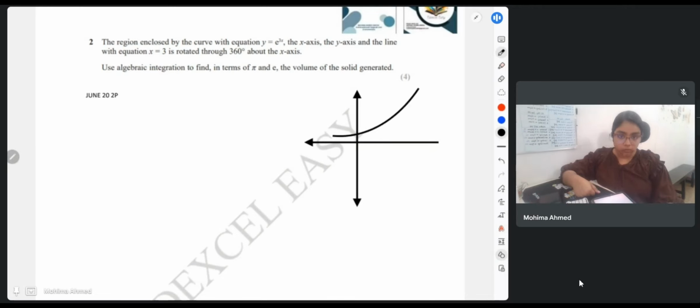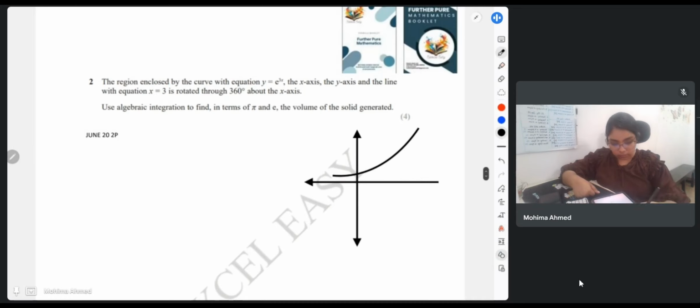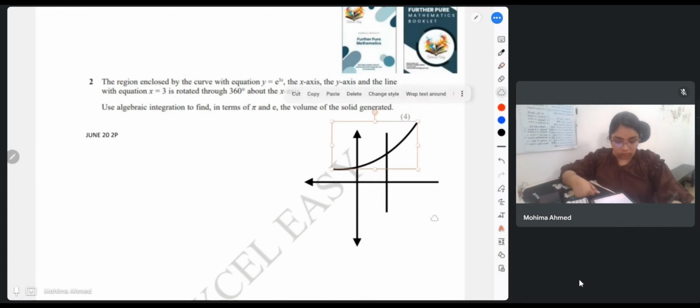This is the overall shape of an exponential graph, y equals e power 3x. And again, this area was represented by x equals 3, another straight line. The area we were focused on is this section, enclosed by the x-axis, the y-axis, the x equals 3 line, and the curve.